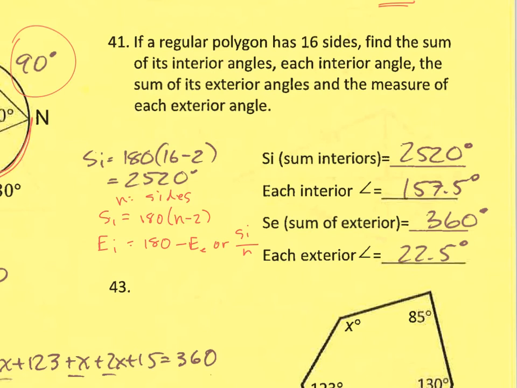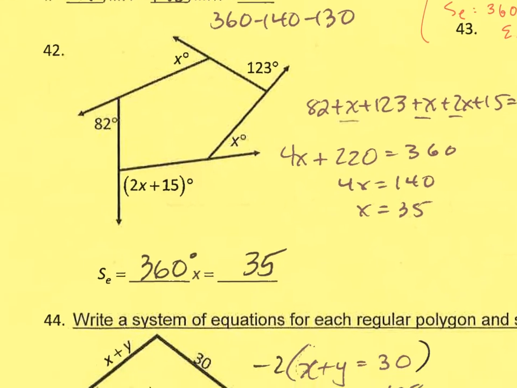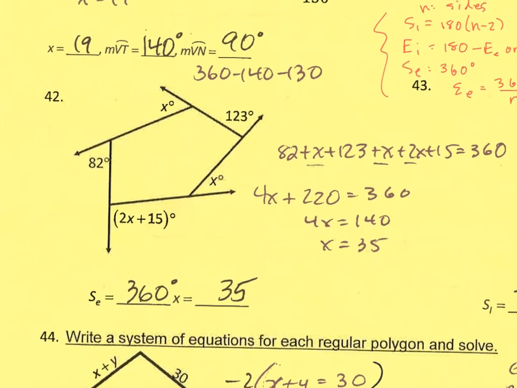So that's if I have a regular polygon, right? Sum of the exterior for every polygon is 360, right? And then each exterior, if it's a regular polygon, is 360 divided by the number of sides. So real quick rundown of the properties. You probably have these written somewhere in a little bit of a nicer format, but those are some things you probably want on your review note card.